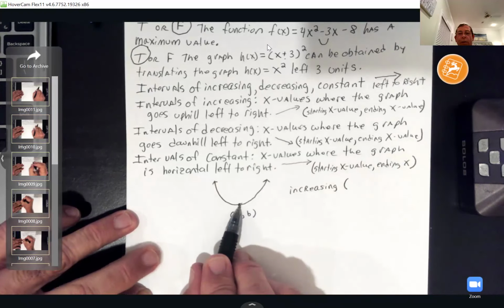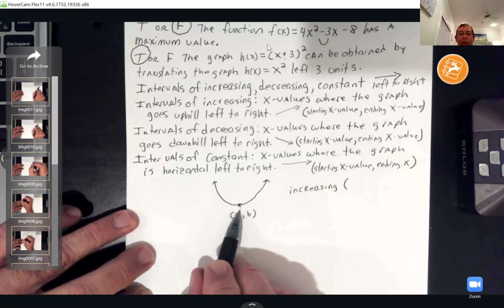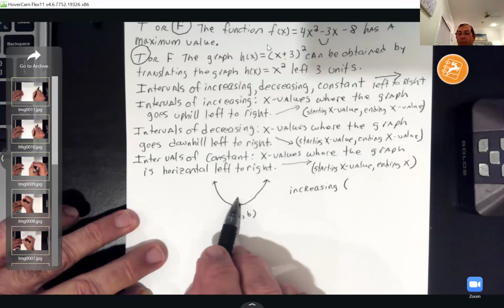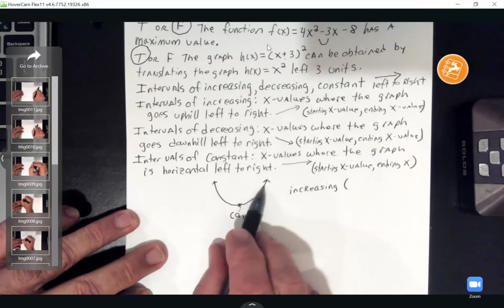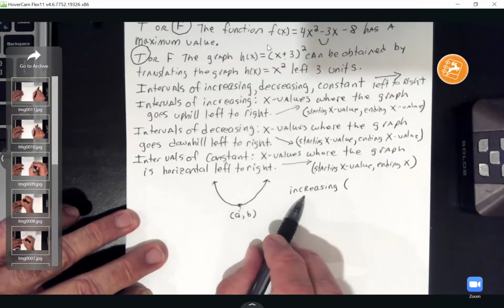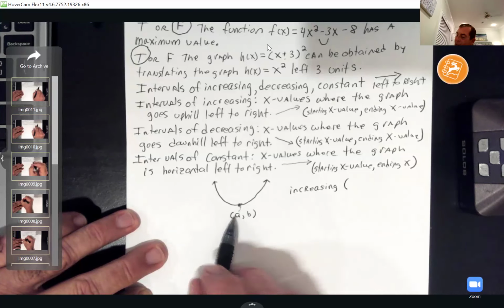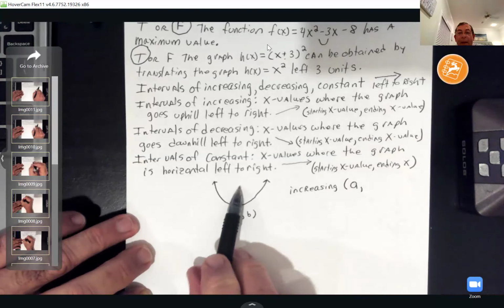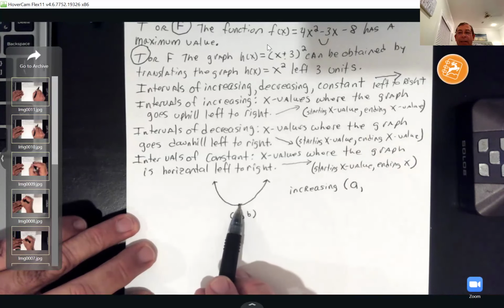Where it starts going uphill, isn't that the x value of my vertex? So when you're dealing with a parabola that's facing up, your increasing interval will start at the A, the x value of the vertex.